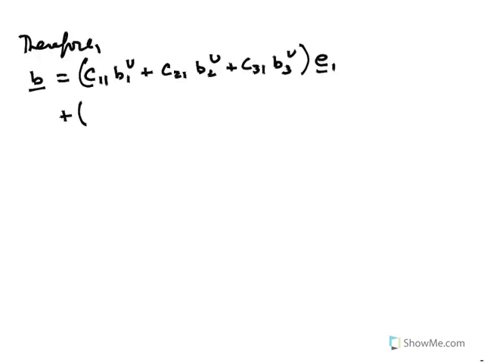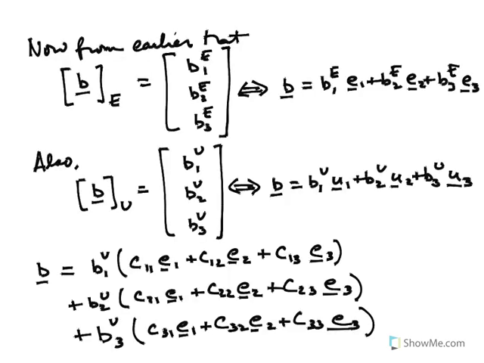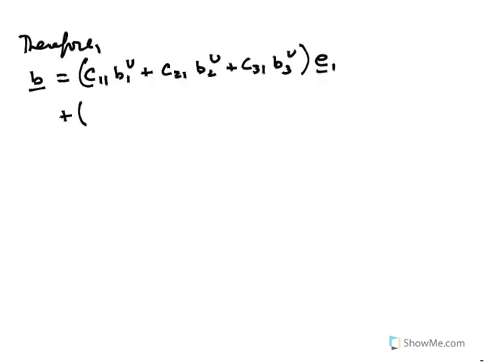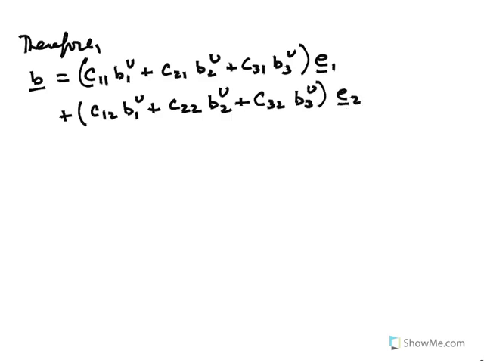We've got plus, if we look down, c12 b1u plus c22 b2u, and then plus c32 b3u times e2.